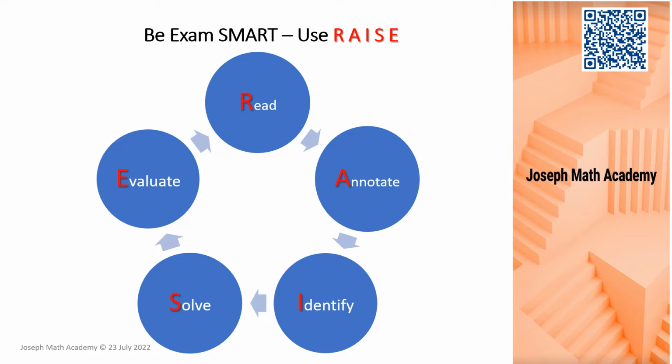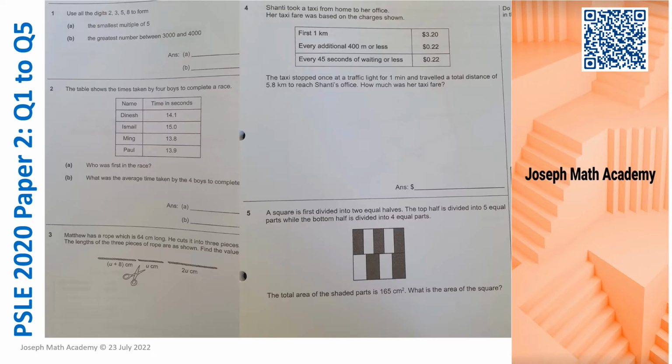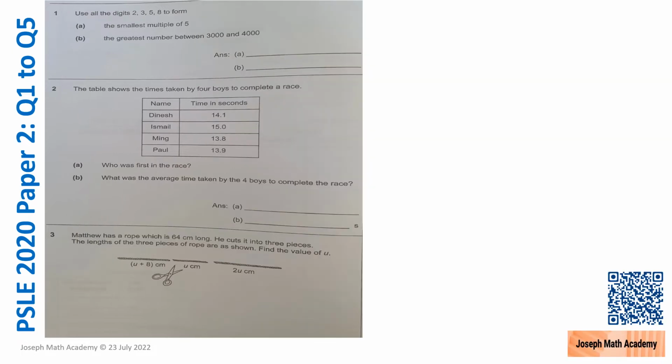Now, the first question is shown on this particular slide here, and I will be doing them using the next slide. So question 1 is on rearranging the 4 digits given to us to form the smallest multiple of 5.